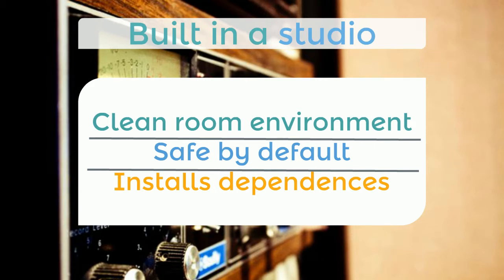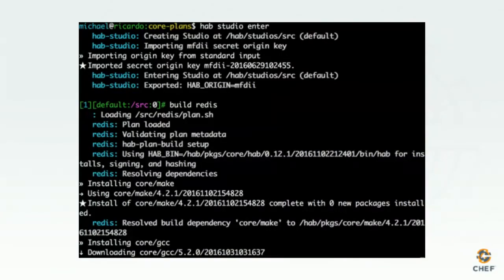It will install your dependencies, it's safe, it's auditable, and there are multiple types. The difference between building inside of your final container and building inside of the studio is that when we're done with the studio, what you get is only the things that you need. You're not going to have GCC, you're not going to have make, you're not going to have all of the bloat that you have to put into a container to build inside of a container, because of our build system in Habitat.